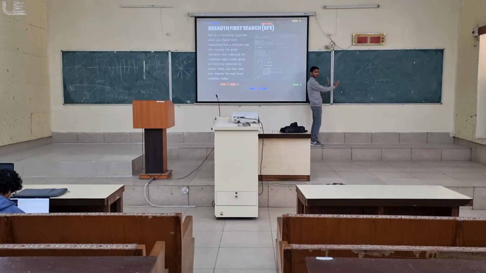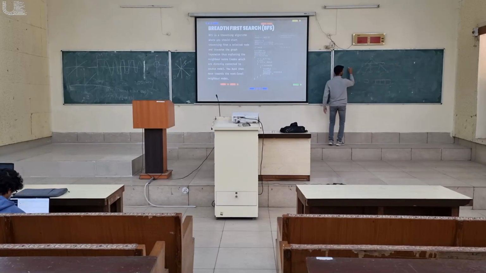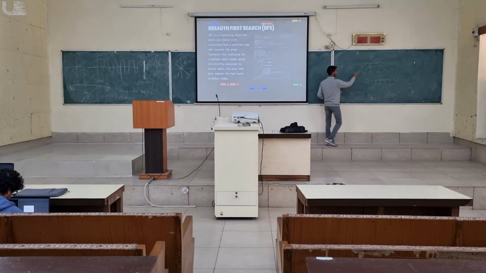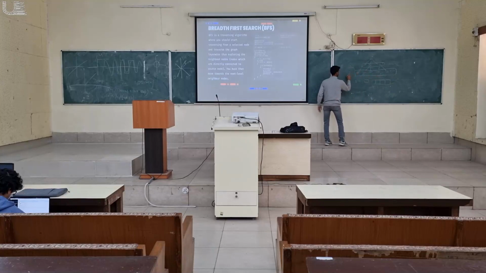I think it will be clear from the levels. All these are in level 1, which actually meant that the distance of all of them from the root node is 1. That is how we defined level, but you didn't know it before. And all these will have distance 2 from the root node. These are all the nodes that are at level 2.